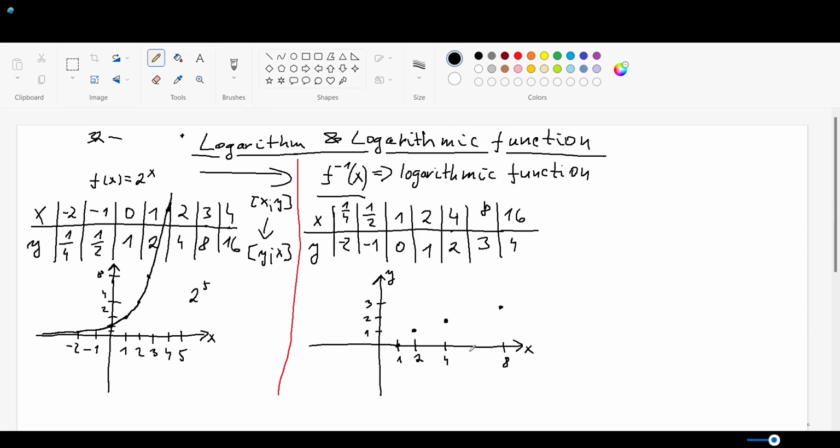Now, if we want to sketch half, then we go to -1, which is here, and if we want to sketch again half of 1/2, we go to -2, which is here.